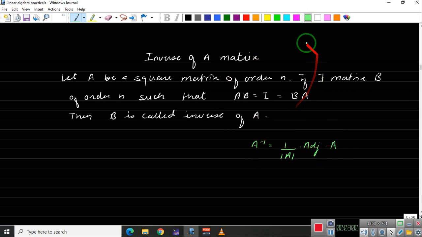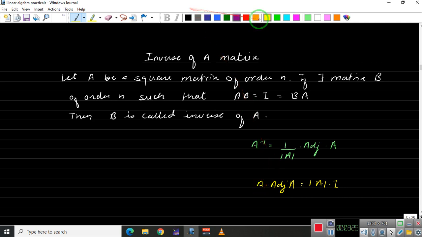Let me take a minute to show that. We can prove that A into adjoint of A is nothing but determinant of A into I. Then A into adjoint of A upon determinant of A is equal to I, and hence 1 upon determinant of A into adjoint of A is nothing but the inverse of A.